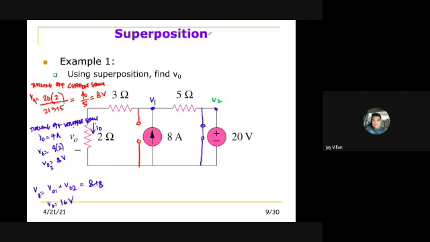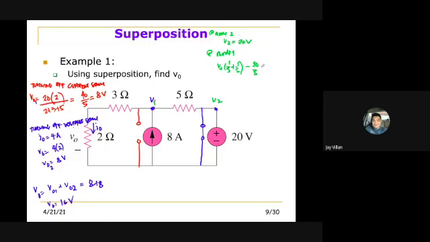Okay? So if we use node analysis, at node 2, V2 is just equal to 20 volts. At node 1, V1 is equal to, that is, 1/5 plus 1/5, minus 20 over 5.